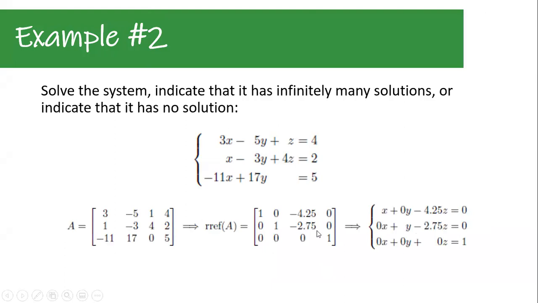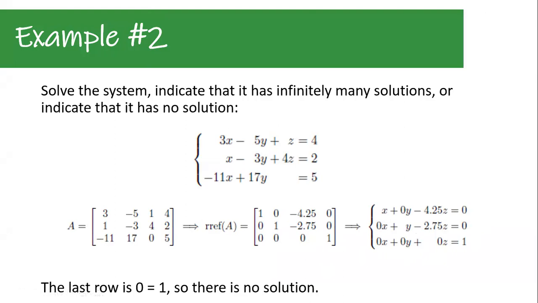So on the slide, you'll see the same thing. Our RREF ends up with 0, 0, 0, 1. This tells us that 0x plus 0y plus 0z equals 1, giving us 0 equals 1. So there's no solution. This is that inconsistent system situation.